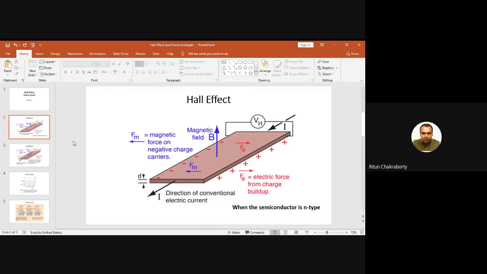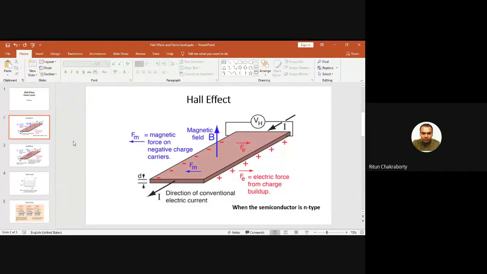And there is another condition. The condition is that the potential which was developed across the material was found to be perpendicular to both the current and the magnetic field.